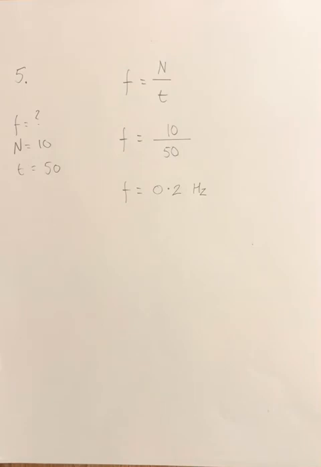What we quite often do, which is good practice, to make sure we're choosing the correct formula, is write down the quantities that are given in the question and what we're looking for. In this case, we're looking for the frequency, so that gets a question mark. Number of waves, capital N, gets 10 from the question, and t is 50 seconds. Just writing that down normally allows us to see which formula we're using.